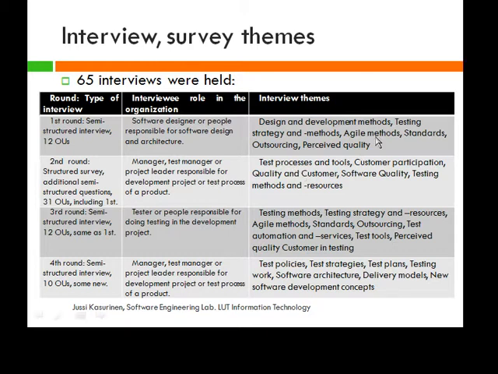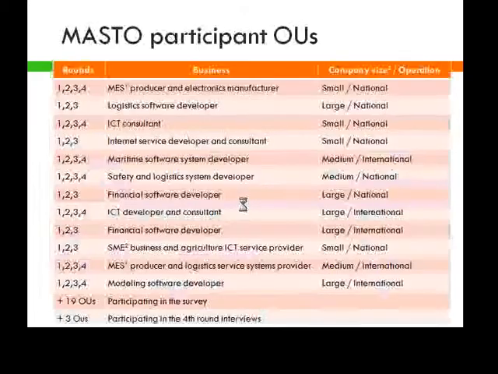So the interview themes, as our general themes today, were very, let's say, large scale: design and development methods, testing strategy and methods, agility, standards, outsourcing, perceived quality, similar things, testing, test process, software quality, testing methods, testing tools, customer in testing, delivery models, new software development concepts, all sorts of things that are related to the organizational concepts I introduced earlier.